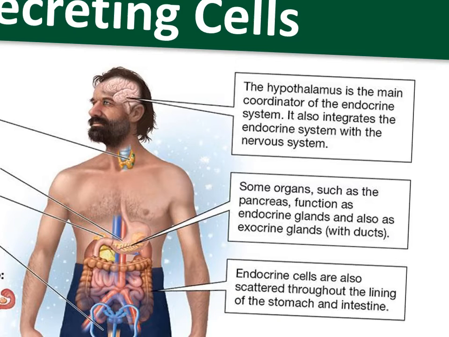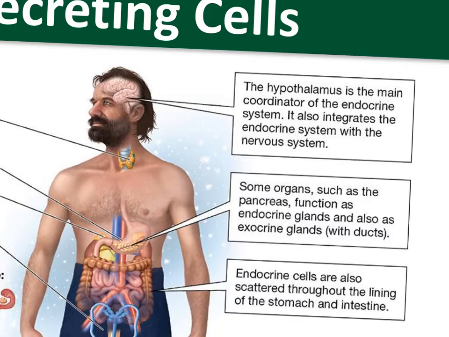Some organs, such as the pancreas, function as endocrine glands. That means they release from their tissue, the beta cells, they release insulin. And then also exocrine glands. These are glands with ducts. Liver cells do a lot of that as well. They release chemicals like various kinds of bile through liver ducts.